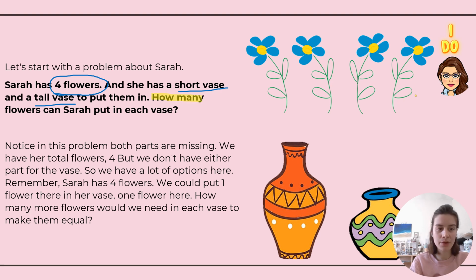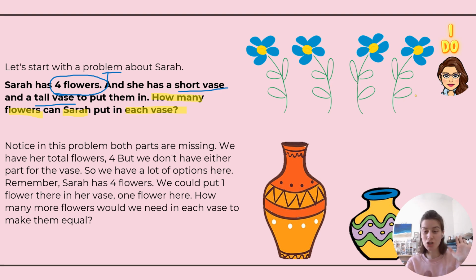How many flowers can Sarah put in each vase? Okay. So I know that I have a total of 4 flowers. So I've been given my total. So I'm going to write the letter T above the 4 flowers. That's what I've been given. I've been given the total.